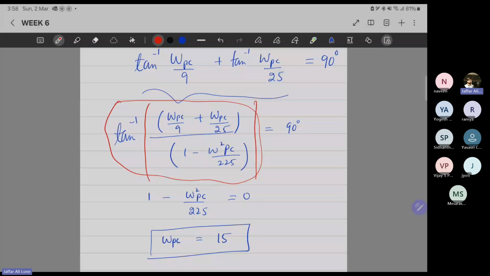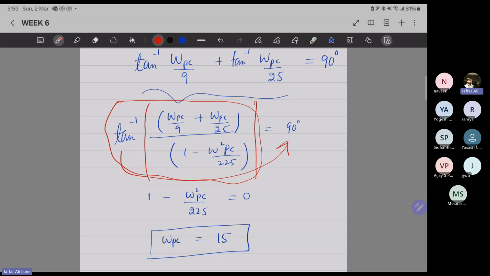If you can draw one bracket for the numerator and denominator on both sides, then it will be less confusing. Exactly. So if you take tan here, this whole thing is equal to tan 90, and tan 90 is... tan 90 is infinity.